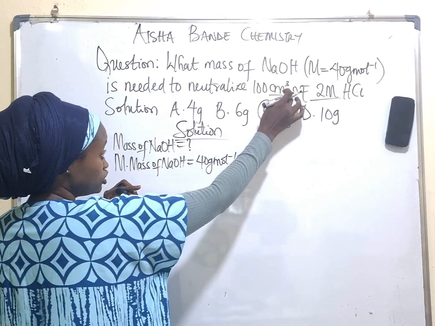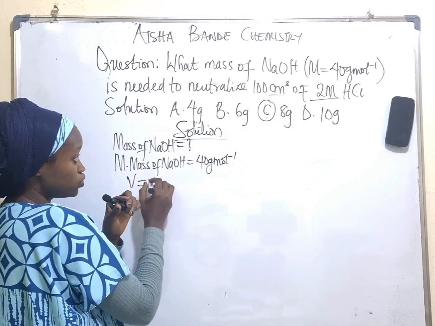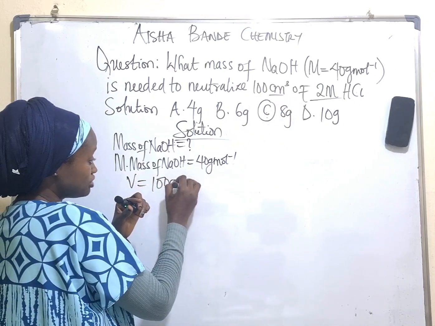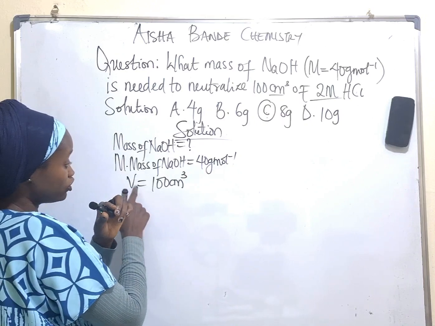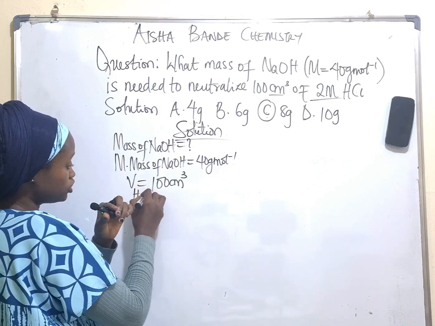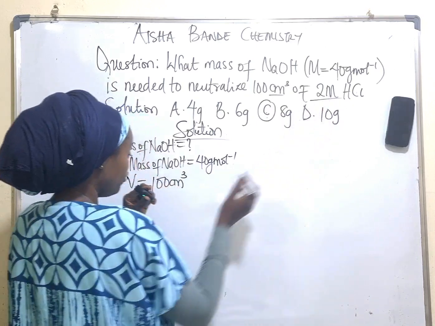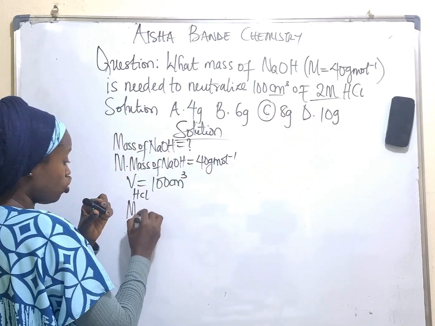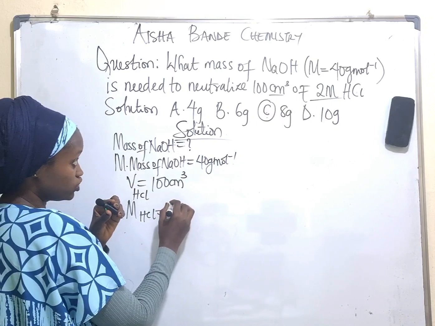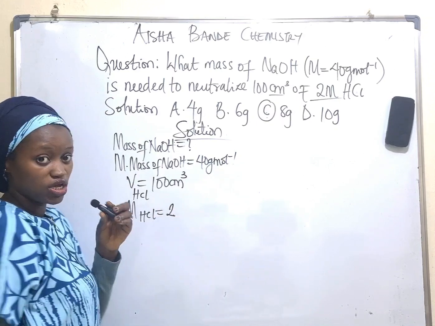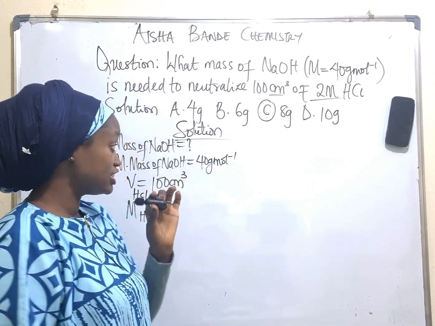This centimeter cube already tells us that this is volume. So V is equal to 100 centimeter cube. This 100 centimeter cube is the value for the volume of HCl, the hydrogen chloride of 2 molar. So that means M of HCl is equal to 2.